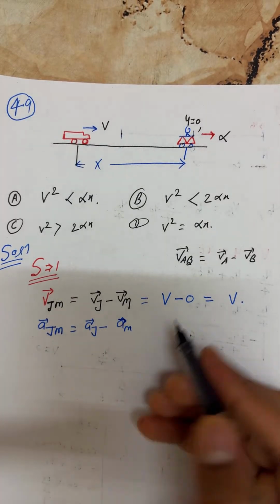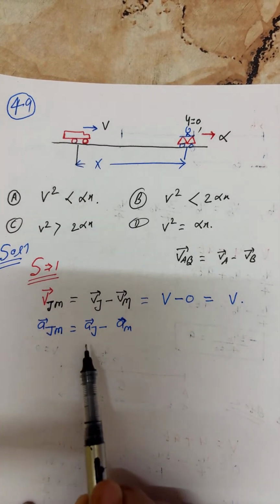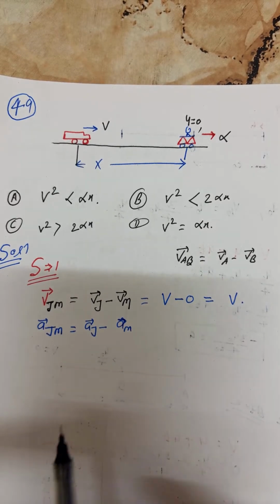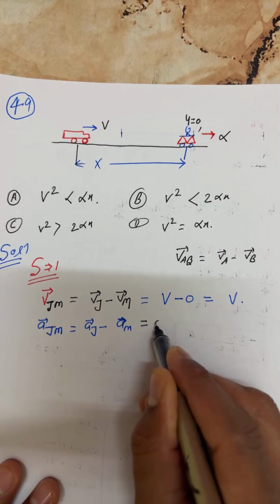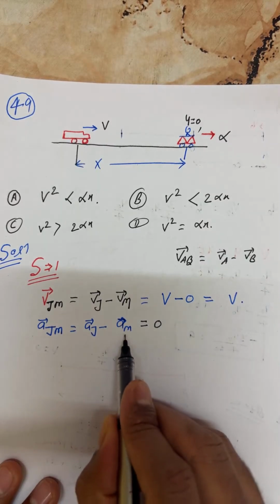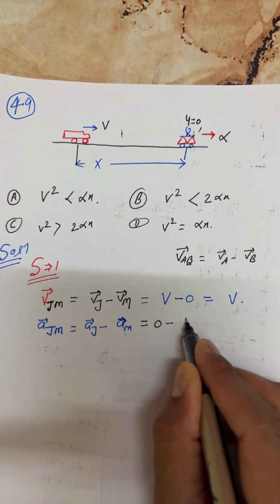Right. Here in the question it is mentioned that the jeep is in motion, but the motorcycle is not accelerating here. So acceleration of the jeep is zero, minus the acceleration of the motorcycle, which is alpha. So you can say minus alpha.